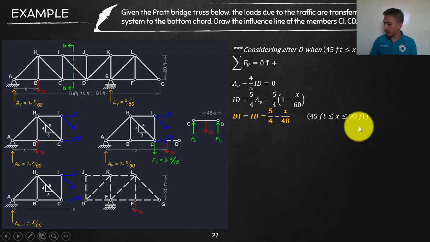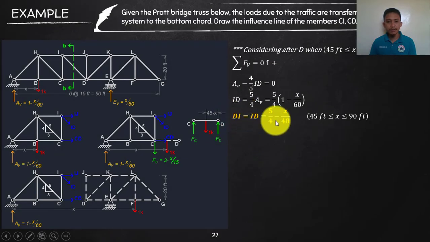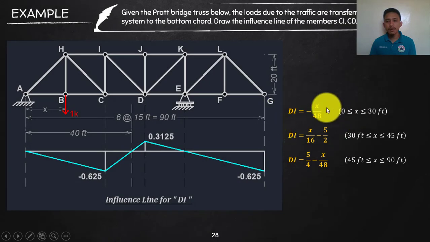Okay? And then lastly, we will now draw the response or the influence line of our member DI or ID. So again, as you can see, DI is of course the same as ID, just like what we were doing before. That is just a matter of naming. So when x is from 0 to 30, this is the DI, and so on and so forth.